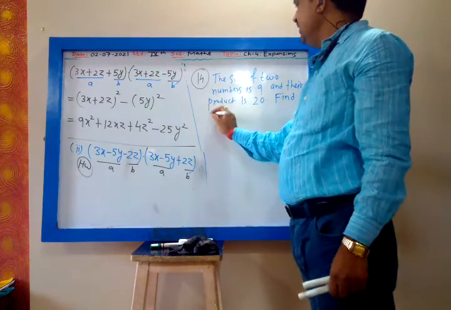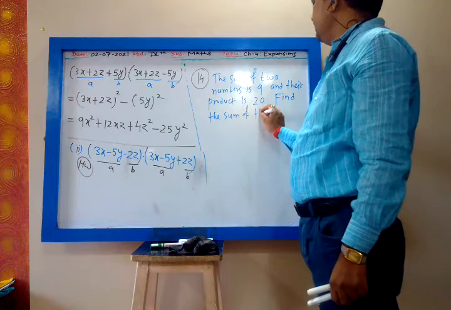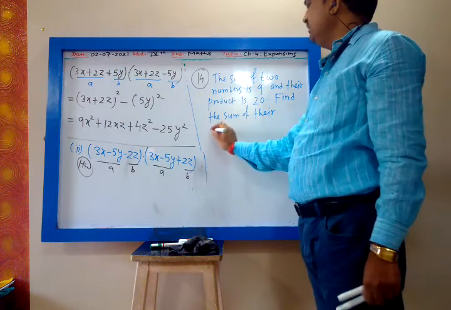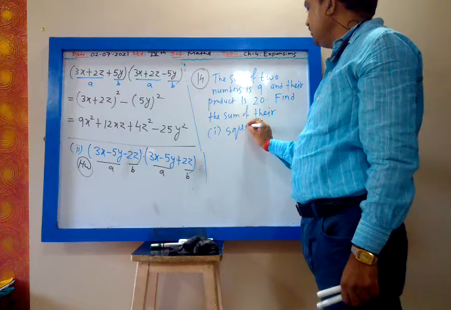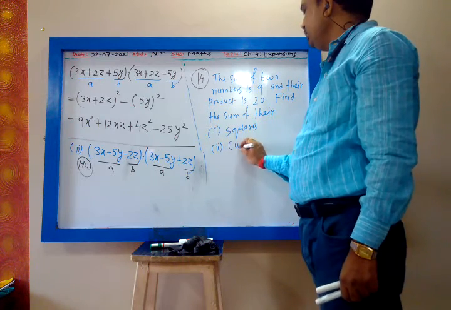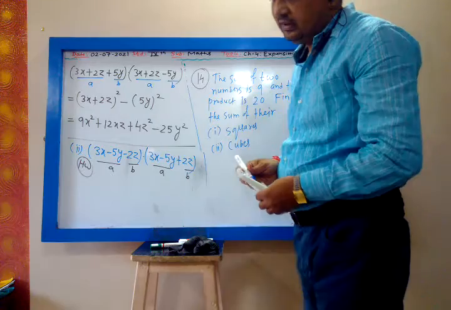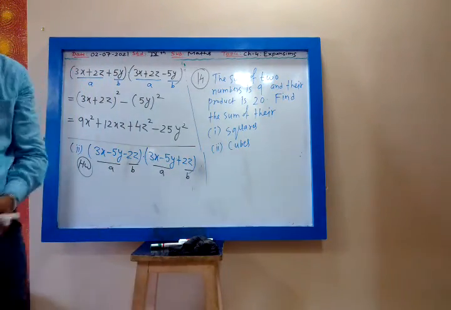Find the sum of their squares, and second, find the sum of their cubes.